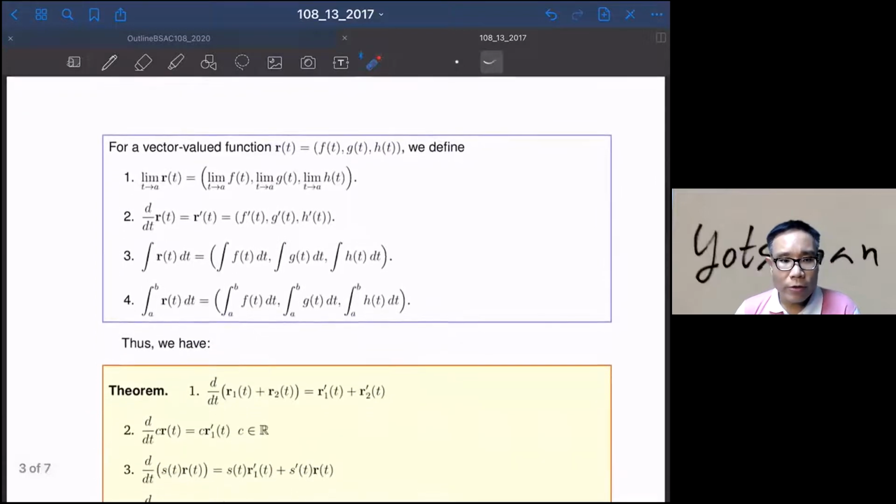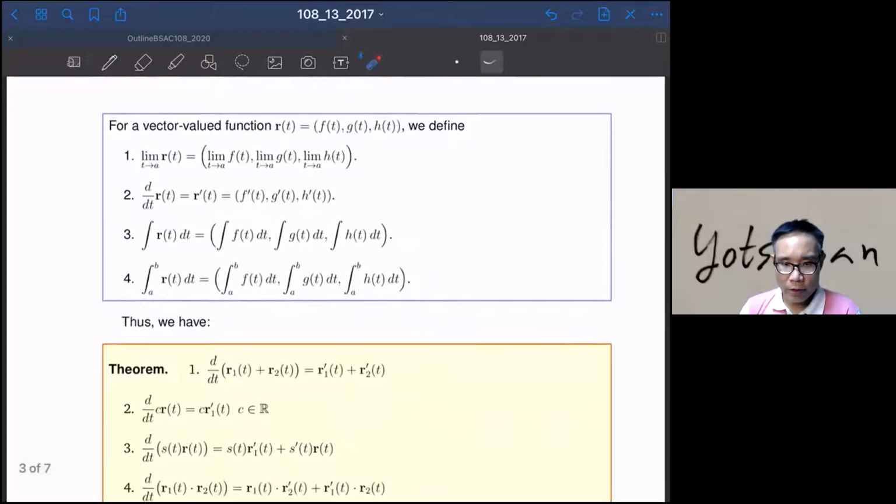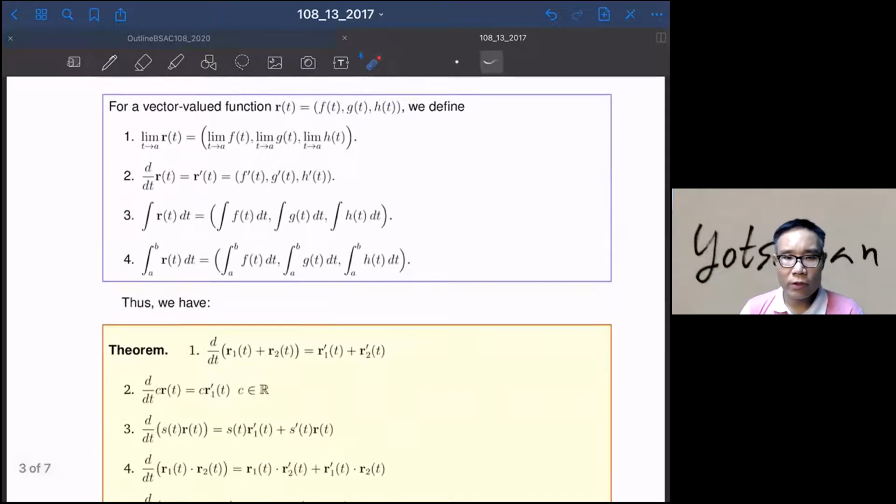When you have a vector valued function, it's like you do calculus 1 three times. So you have the functions f, g, and h. You'll be able to find the limit as t goes to a of this function, because t is just the variable here.